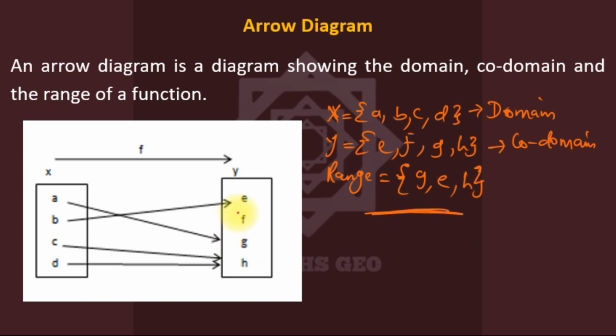They are called the images of the domain. So the set of all the images is called the range. Do you see the difference between the domain, codomain, and the range?